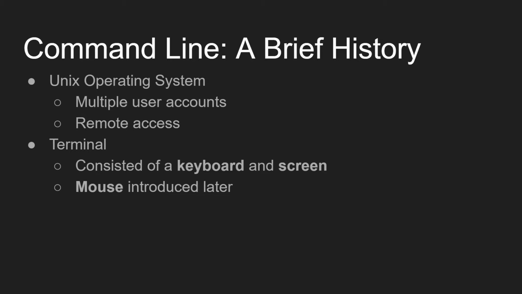Initially, terminals didn't use a mouse or graphical user interface like we're used to today. The keyboard allowed multiple users to send instructions to the computer, and the screen would provide a textual interface to view the input sent to and the output received from the computer.